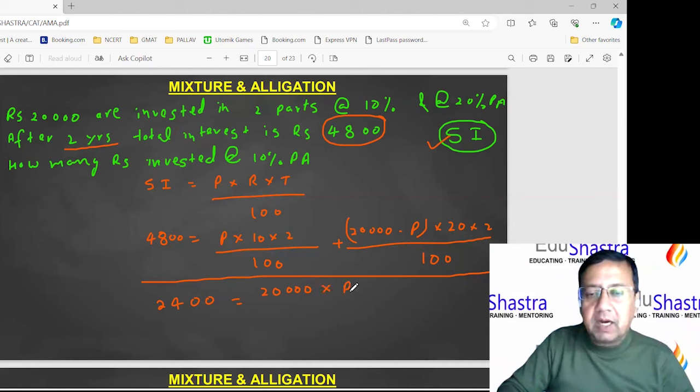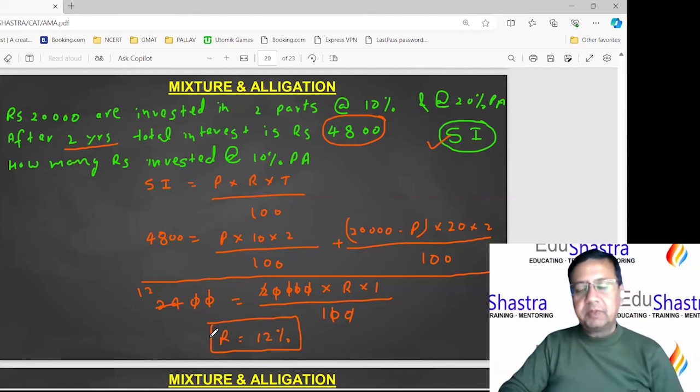And there is some rate of interest R, time is 1 year, divided by 100, right? So this cancels, this cancels, and 2 cancels with 12 times, so I am getting R equal to 12%, right?